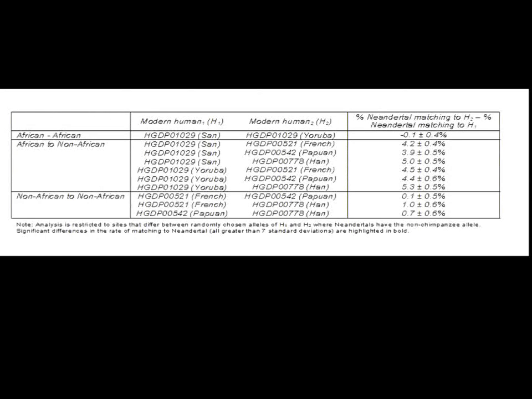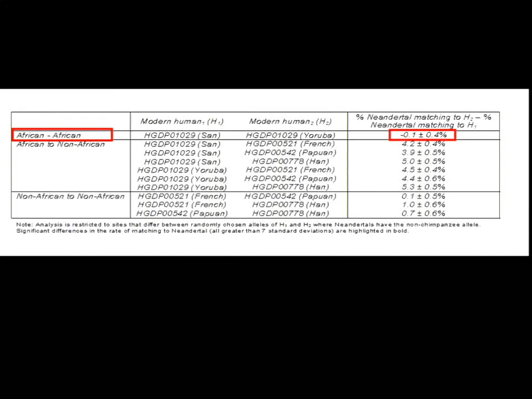So if we do this by comparing 2 Africans to each other and look at the difference in allele sharing between the Neanderthals and 2 Africans, it's not distinguishable from 0. If we do this between 2 non-African genomes, it's indistinguishable from 0. But if we identify these positions between an African and a non-African, we see consistent more similarity, 4 or 5% more similarity to the non-Africans.